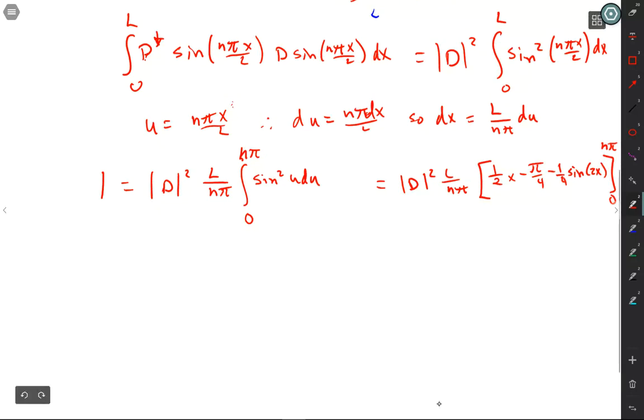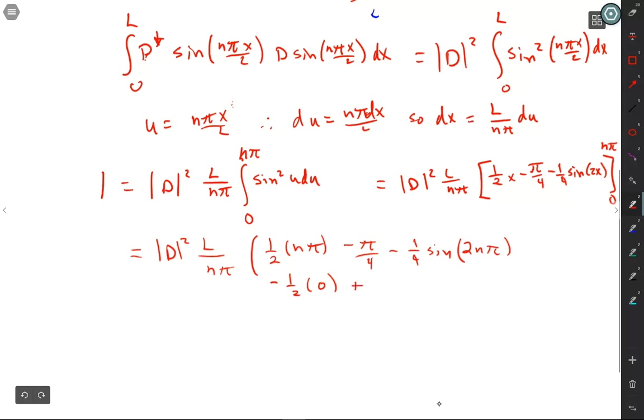So that's equal to D mod squared L over n pi times 1/2 n pi minus pi over 4 minus 1/4 sine of 2n pi, minus 1/2 0 plus pi over 4 plus 1/4 sine of 0. There I did everything in its groovy details.